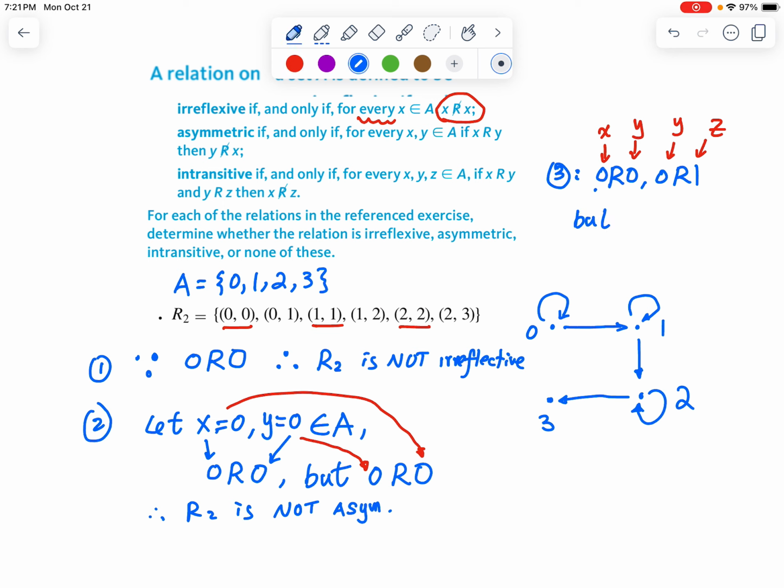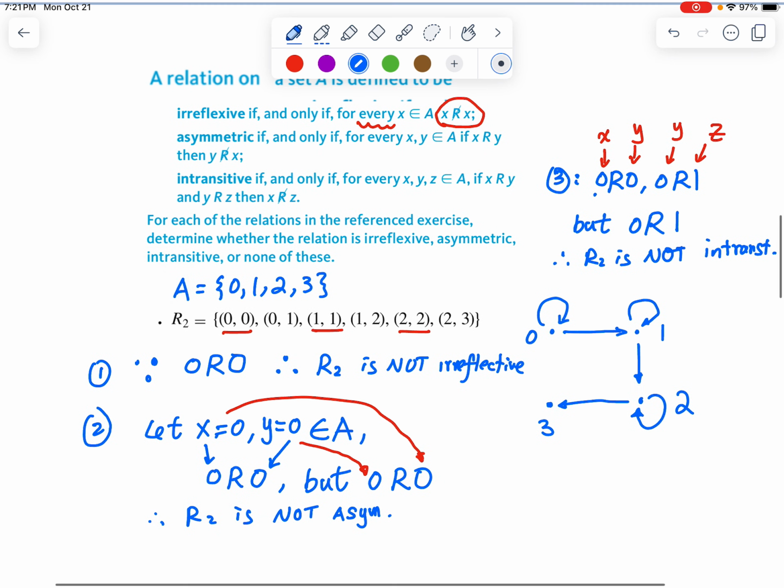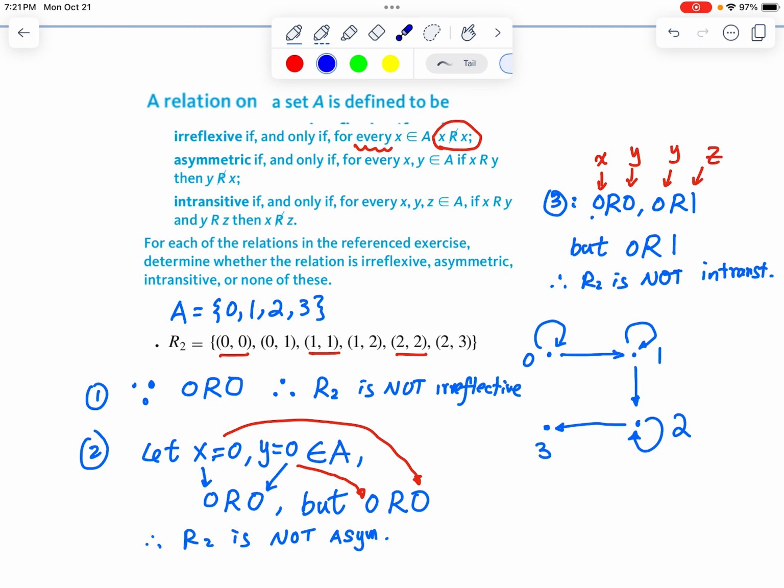But this time the x, which is the 0, is actually related to the z, which is the 1. So therefore, this fails. I found an example where the requirement to be intransitive fails. So we can conclude that R2 is not intransitive. Okay, so this is the little explanation for this particular problem.